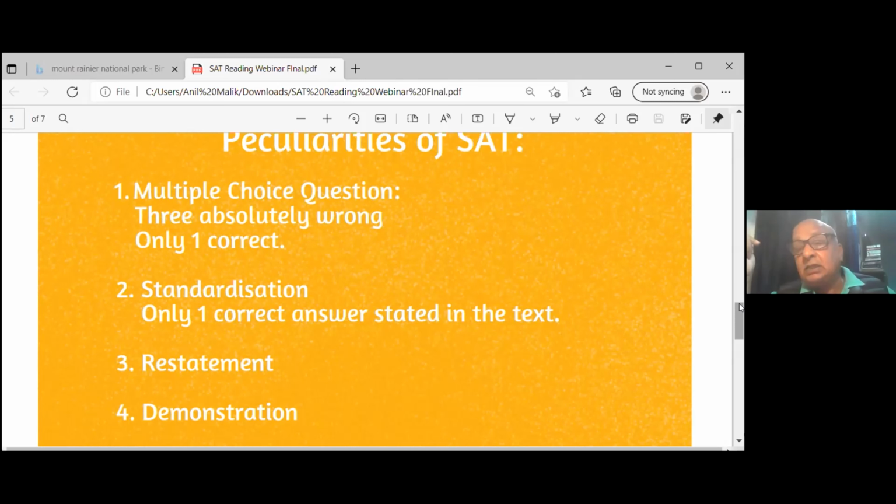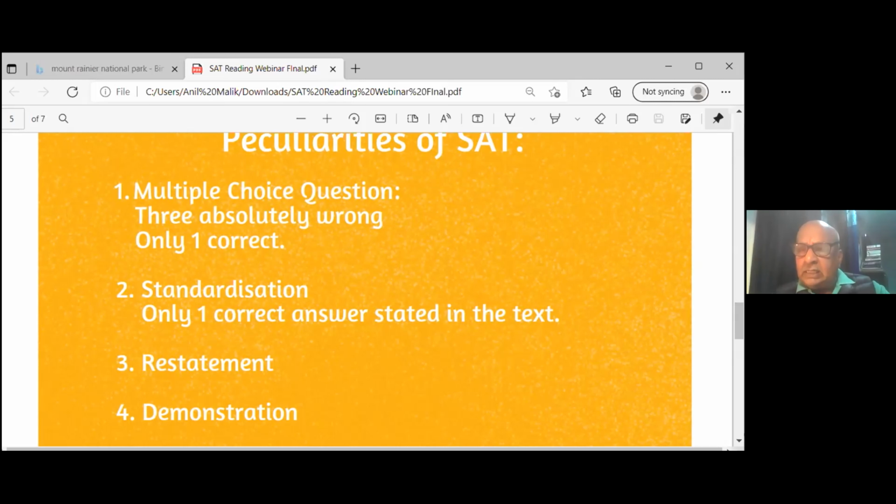Or he'll demonstrate it. He'll say, this guy who's 56 years old and does yoga can do a somersault, right? That's a demonstration. If at 56, after doing yoga, I can do this, I'm agile, I'm flexible. So this is how the examiner will bring a little bit of excitement into the paper, but he's actually saying the same thing that's in the text, in words that are a little different.